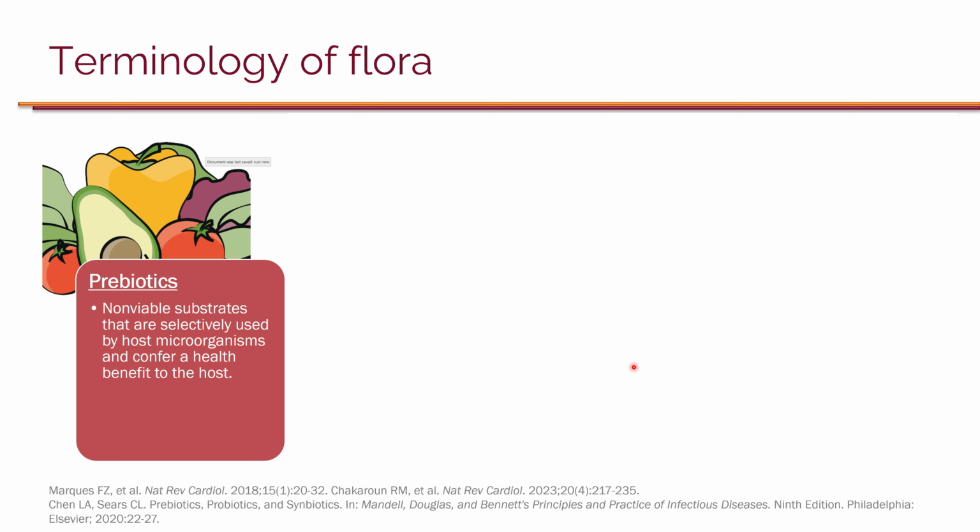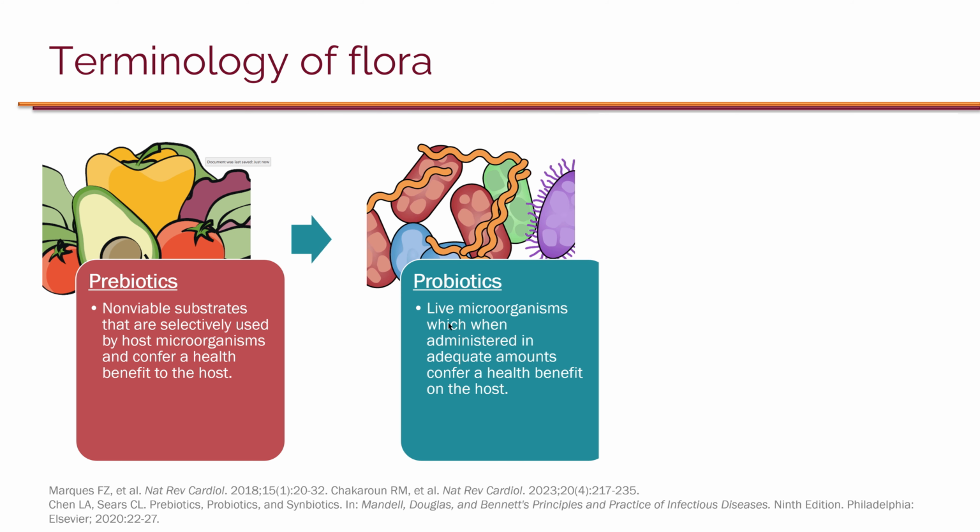Now, it's important to understand the concept of prebiotics, probiotics, and postbiotics. So prebiotics comes before the probiotics. Prebiotics is essentially the food for probiotics. So this is the food for bacteria that are part of the flora. And for the most part, this is essentially fiber, but also could include other substances that are used by the bacteria. And probiotics, of course, are live microorganisms which, when administered in adequate amounts, confer a health benefit on the host.